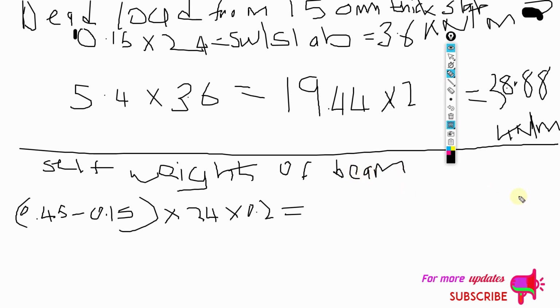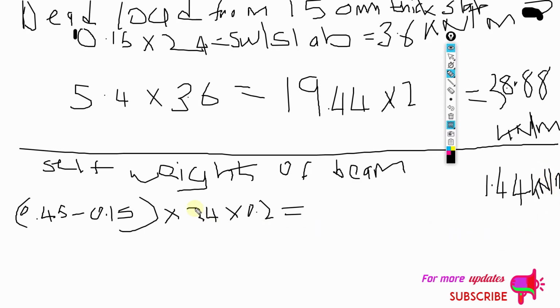That is 24 times 0.2 times 0.3, which is 1.44 kilonewtons per meter.